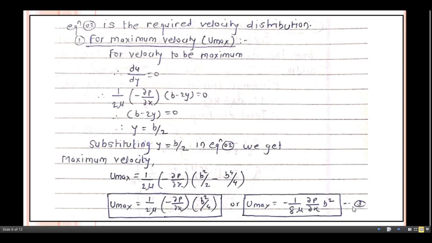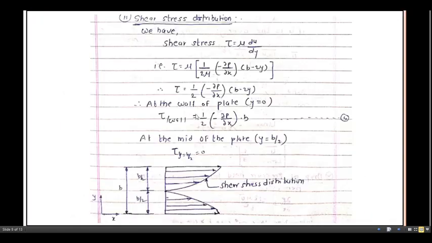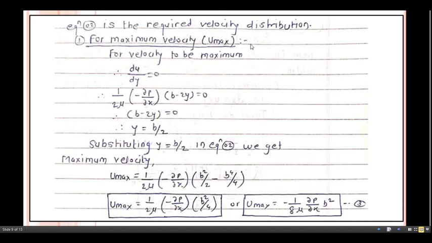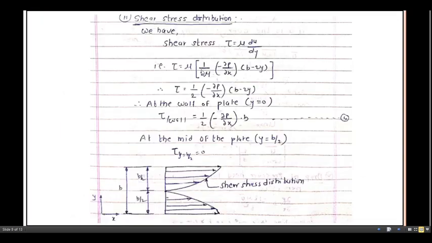So once we get the maximum velocity, we'll move towards the shear stress distribution. We know shear stress tau is nothing but mu into du by dy. Already this basic relation we know. So what about this du by dy? This step is already with us, so just pick up this step and write it here.